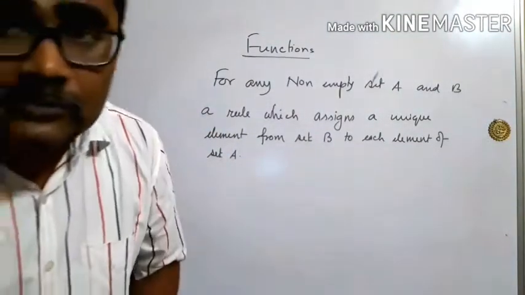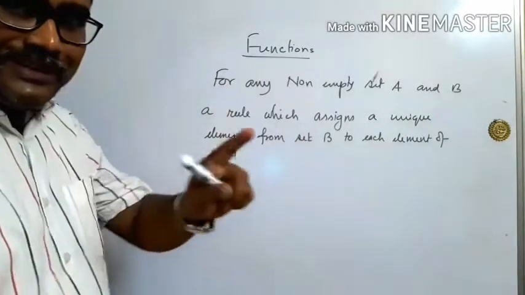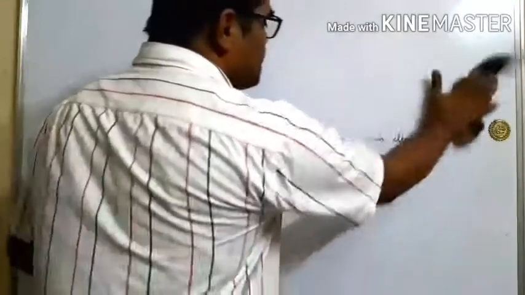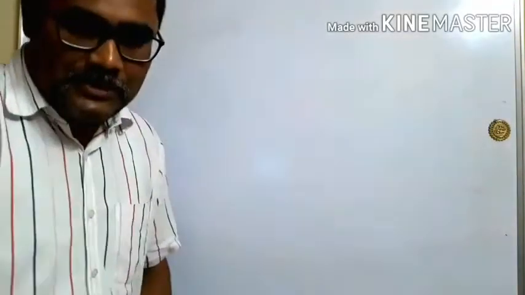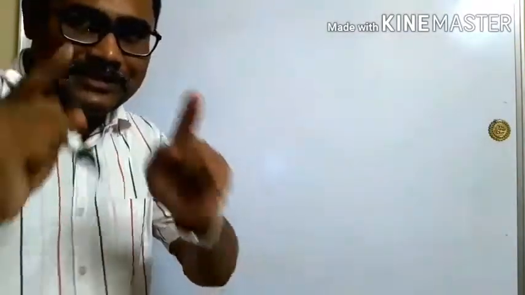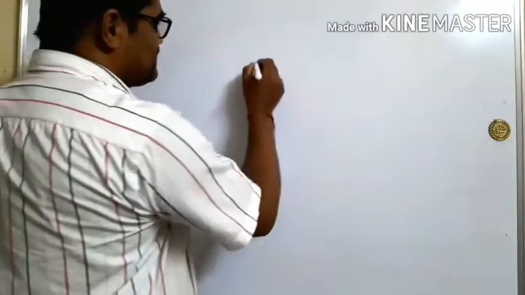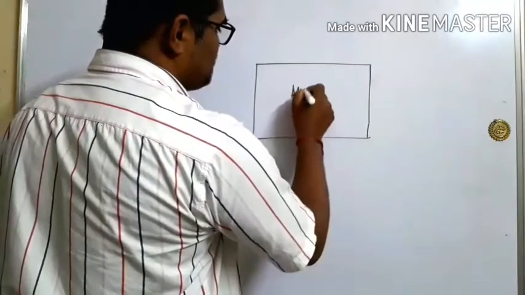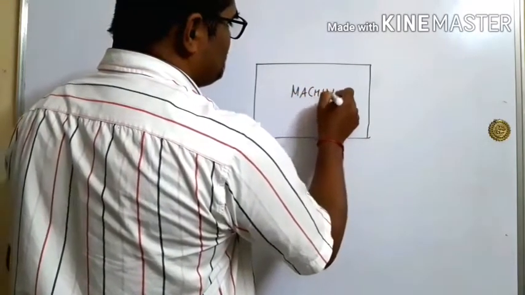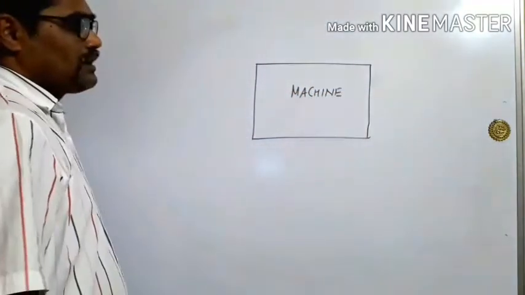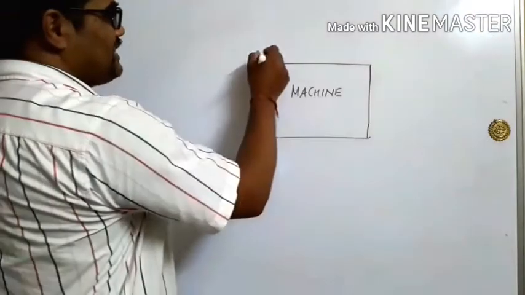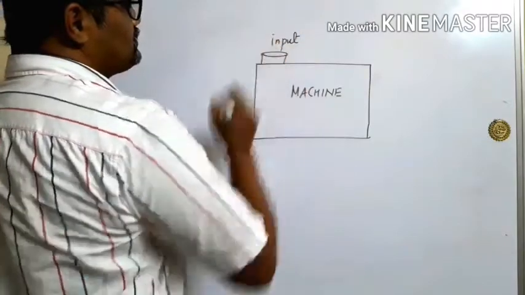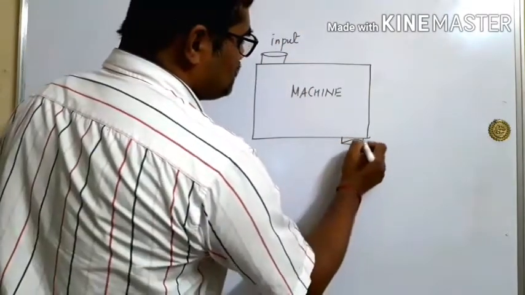But before that, one small thing again I would like to write. Function, how you would like to visualize, right? You consider this as a machine. Suppose there is a machine, this is the machine, and this is the input and here is the output.